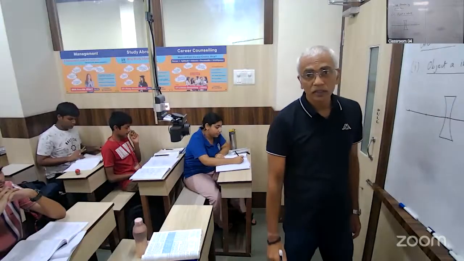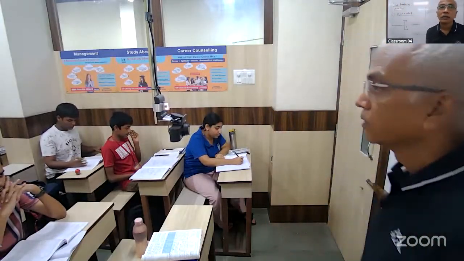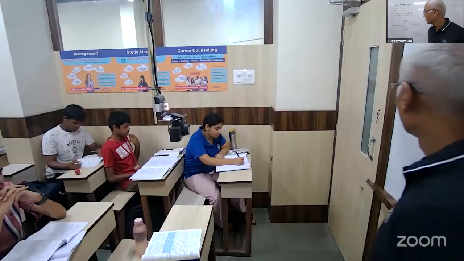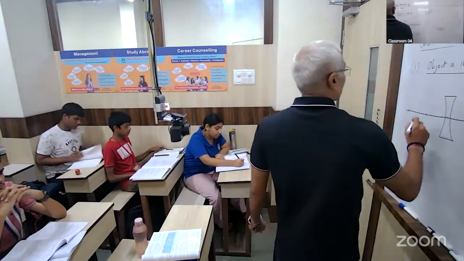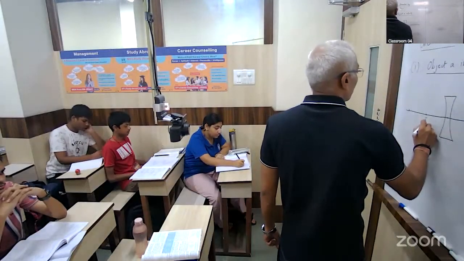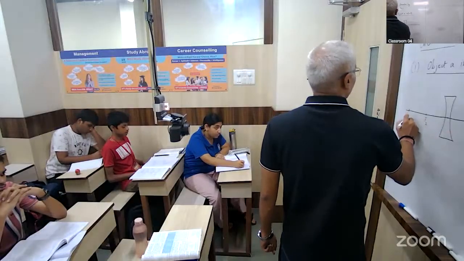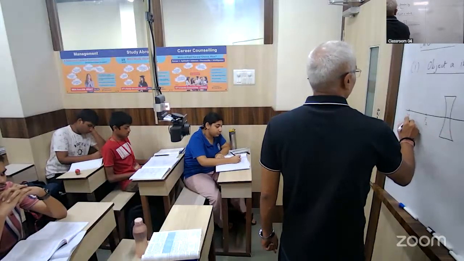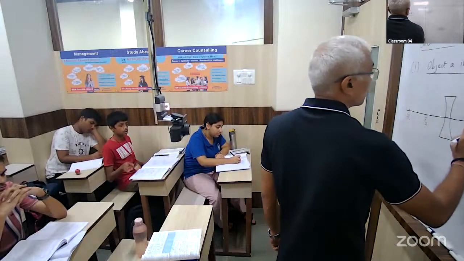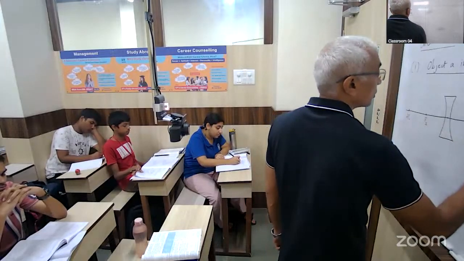When the object is at infinity, the image has to form at the focus. But now here the principal focus will be F2. This is 2F2. This is F1. 2F.